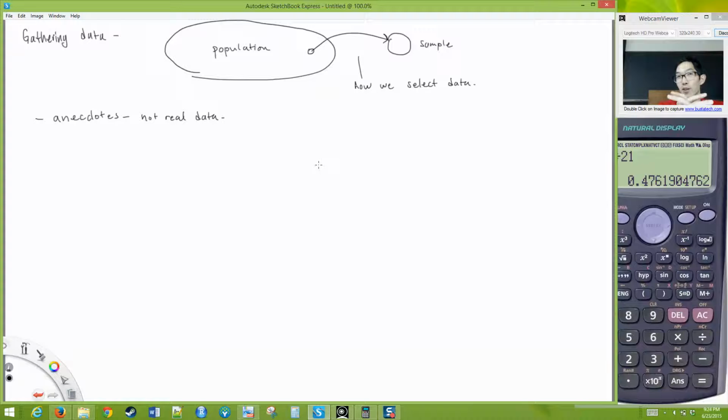When you only look at one person's story, or even just 5 people's stories, you might be able to find 5 people with similar stories. That is still not enough to say what happened to these 5 people or what happened to this one person will then happen to everybody in the population. So anecdotes don't really count as real data.